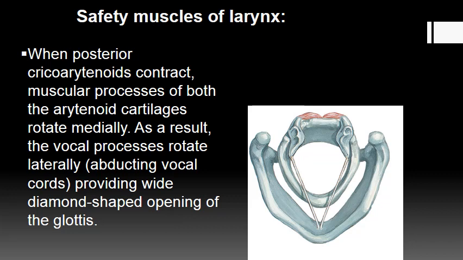When the muscle contracts, it pulls like that, so the vocal processes go away from each other, causing abduction of the vocal cords. So the glottis becomes diamond shaped and opens.